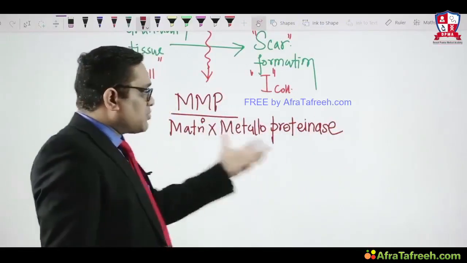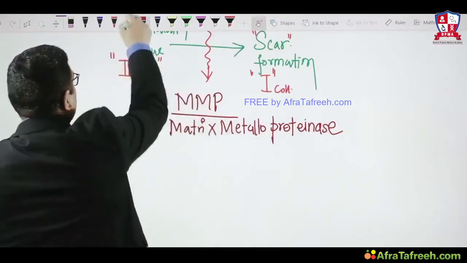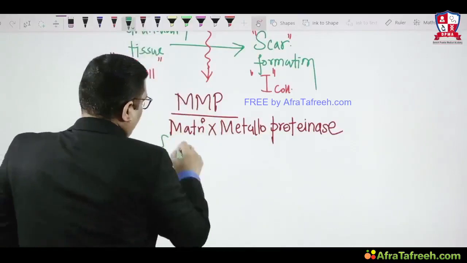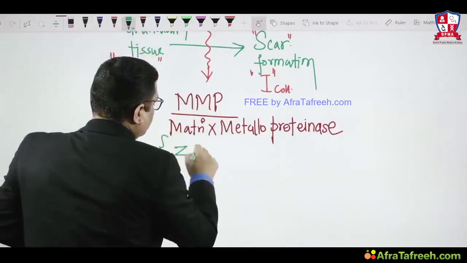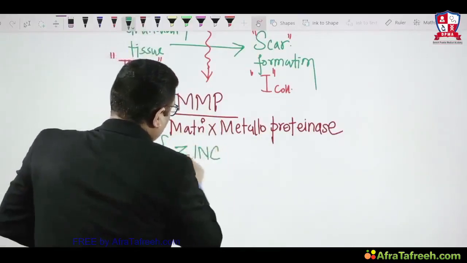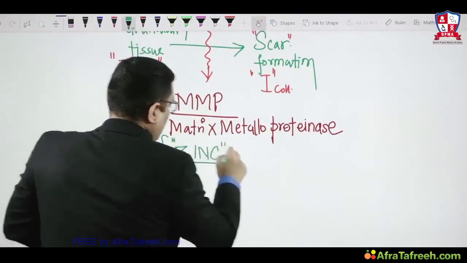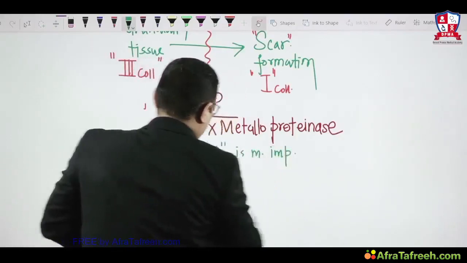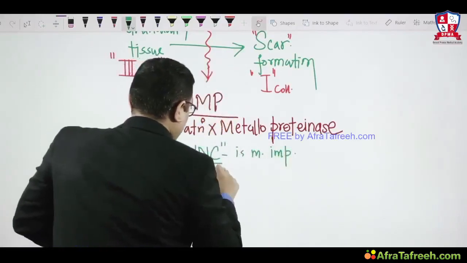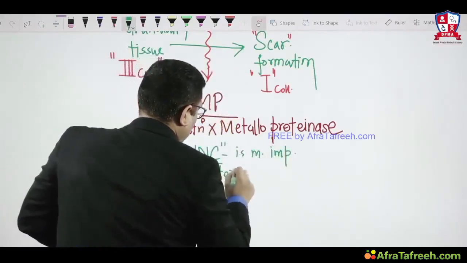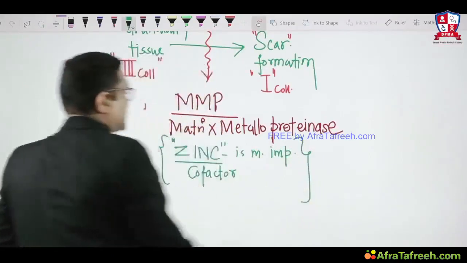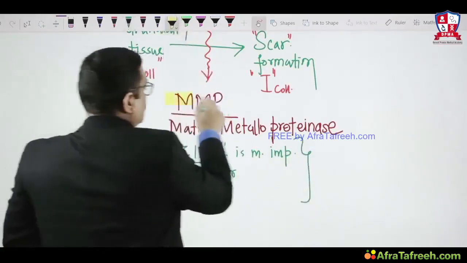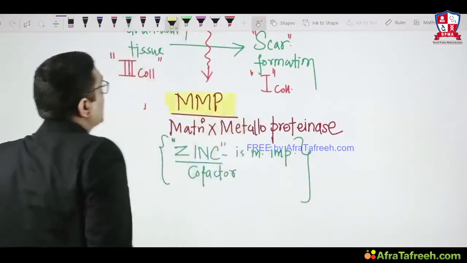For the function of matrix metalloproteinase, this is one important MCQ, which element is the most important cofactor? Remember, zinc is the most important cofactor for the functioning of matrix metalloproteinases. That is the important MCQ which has been asked in exam.